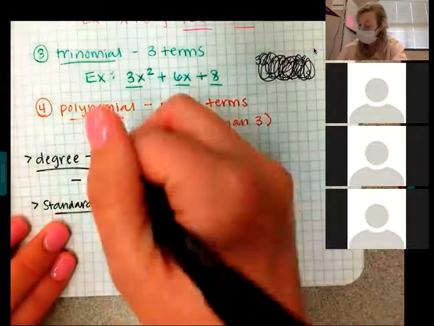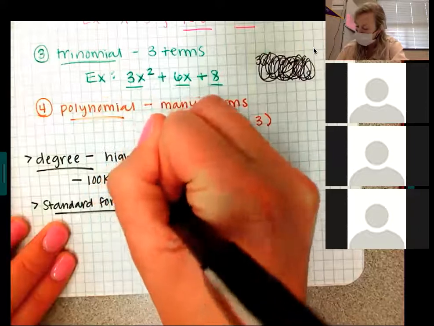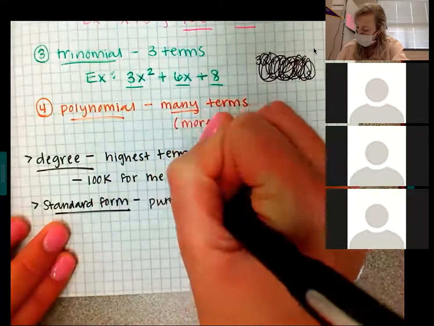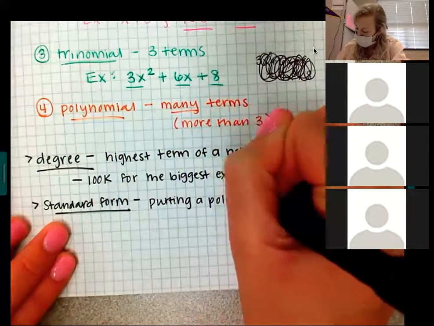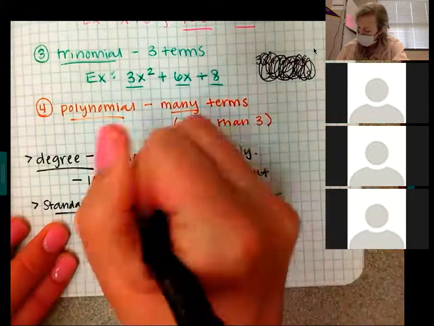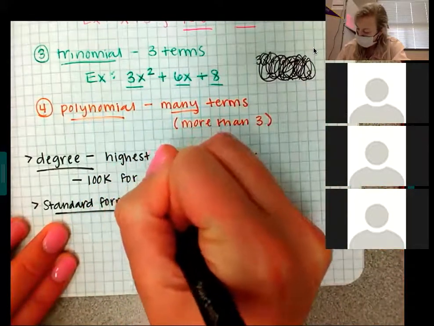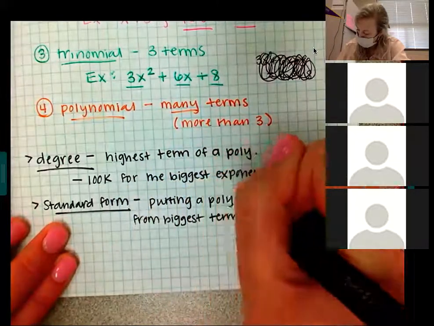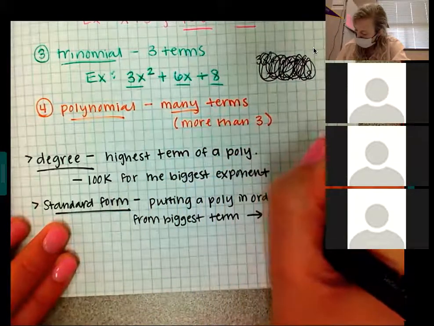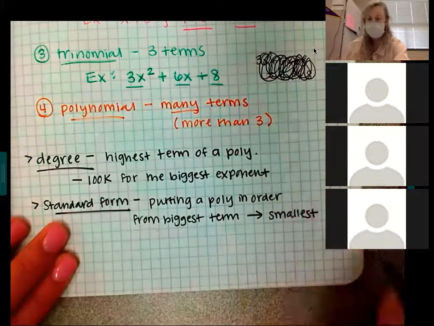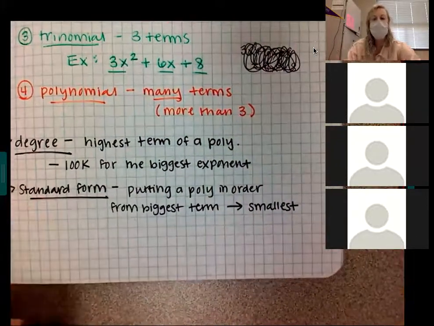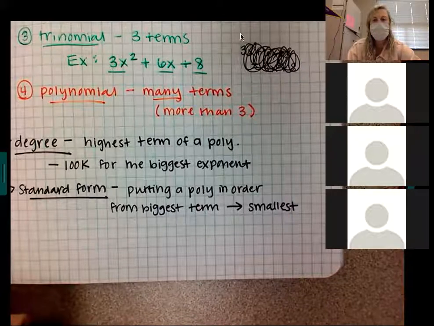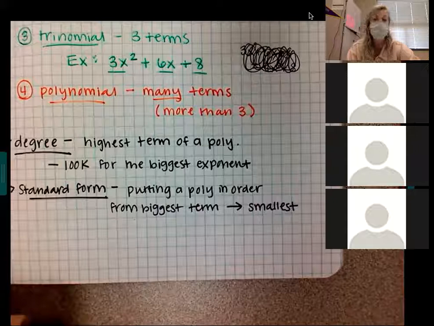Standard form is just putting a polynomial in order from biggest term to smallest. And then we'll do examples because I feel like y'all are good. And then we got to talk about simplifying, but that should not take long.